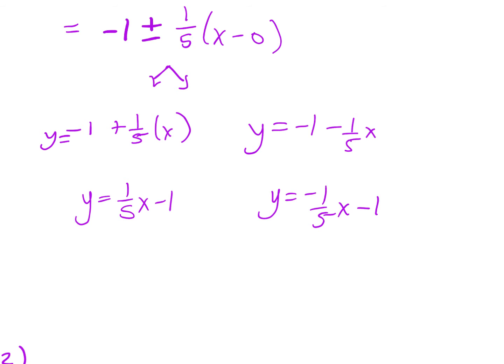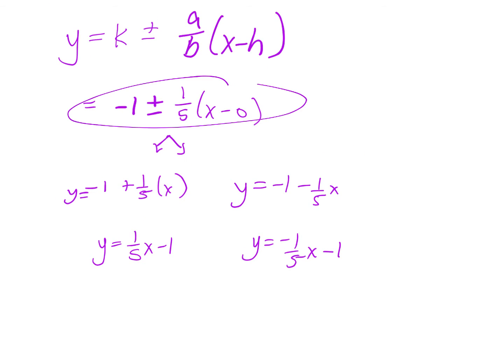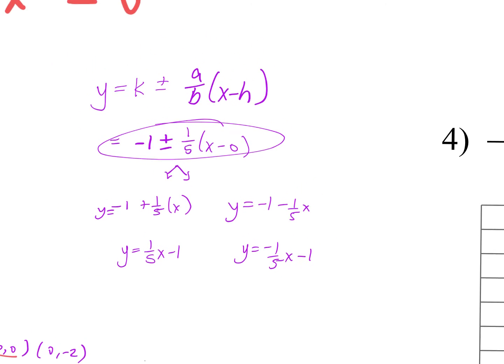And you could graph those two. I'm not asking you to on your quiz and on your final. You're not graphing any of these, but you have to be able to identify all of these things. Once you get into this form, if you can tell from your answer choices which one is going to be in slope-intercept form from there, that's fine. If you can't, separate it and use your algebra skills to find out what's what. Does that make sense?